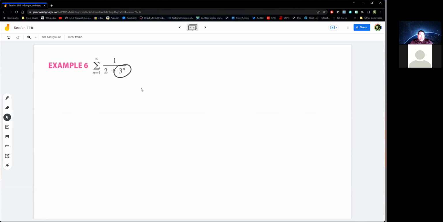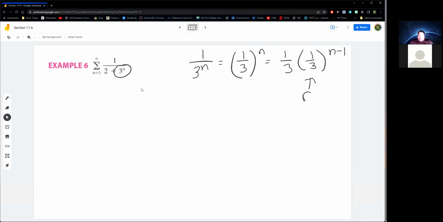That kind of looks like a geometric series. So let's compare it to 1 over 3^n, which remember is (1/3)^n, which is 1/3 times (1/3)^(n-1). So that's my r. And since r is less than 1, that converges, correct? So that's what we're going to compare it to.